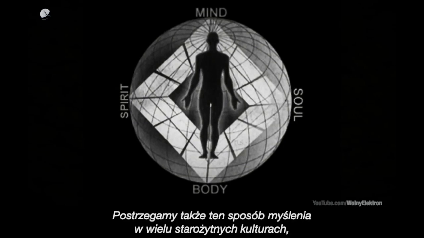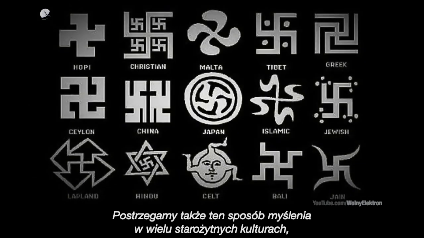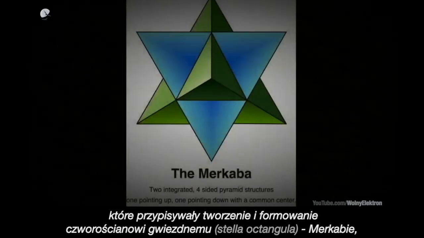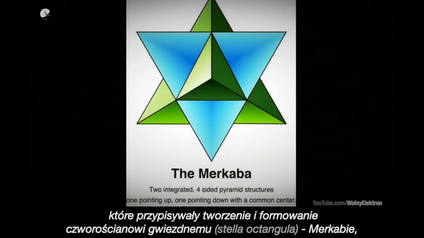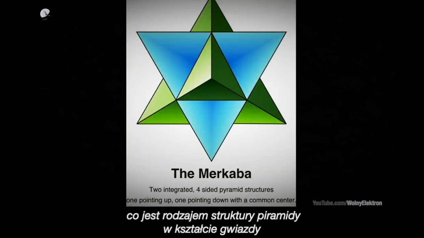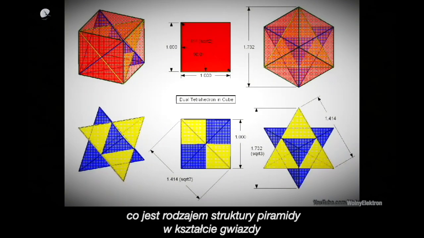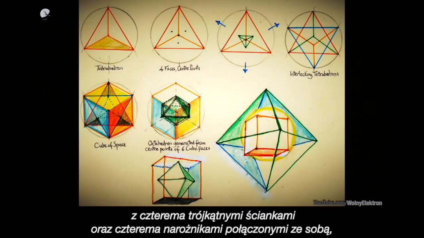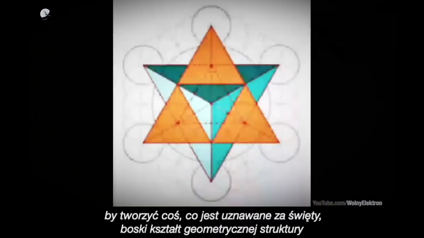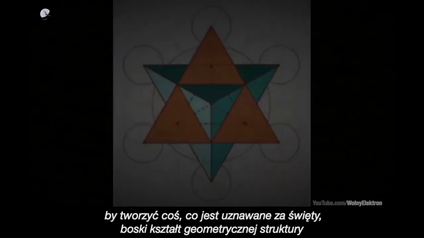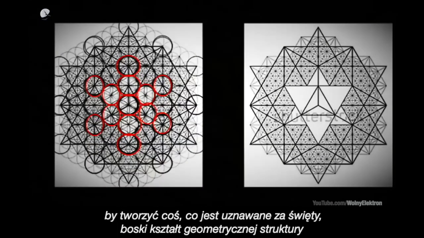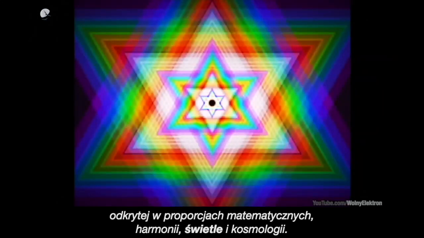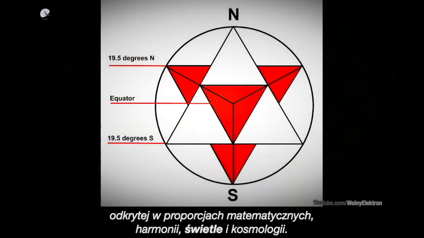We also see this line of thinking with many ancient cultures who attributed creation and form to the star tetrahedron, or the Kaaba, which is a kind of star-shaped pyramid structure with four triangular faces and four corners interlinked to create what is considered a sacred, divine, geometric shape and structure found in mathematic ratios, harmonics, light, and cosmology.